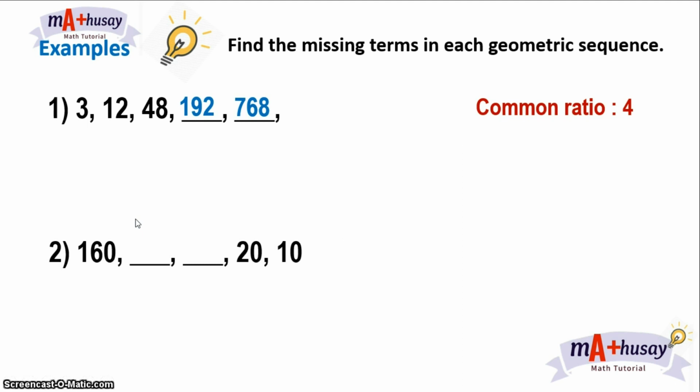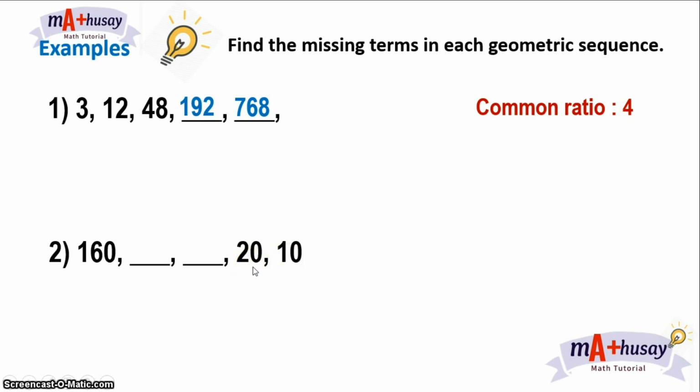Let's take example number 2. We have 160, blank, blank, 20, and 10. Now, how do we get the common ratio of this geometric sequence? Now we know that we have these two terms which are next to one another.